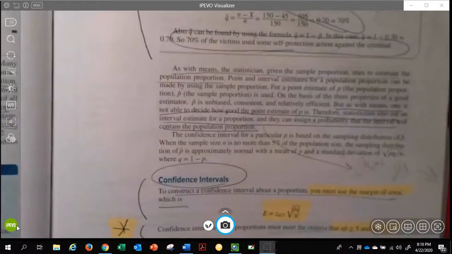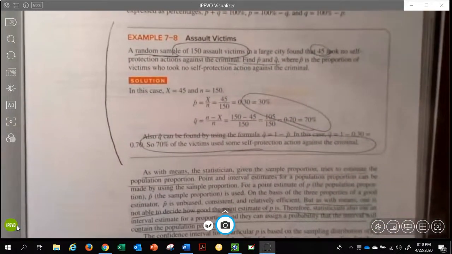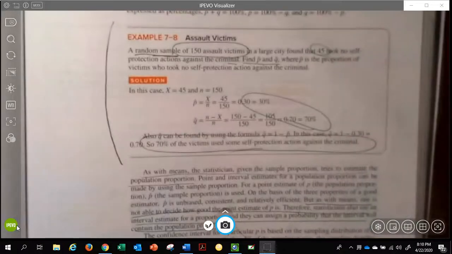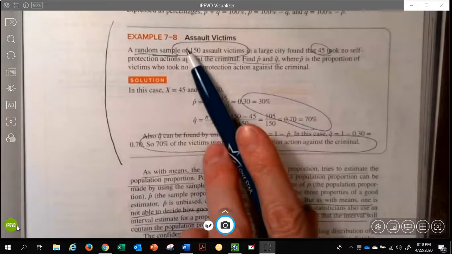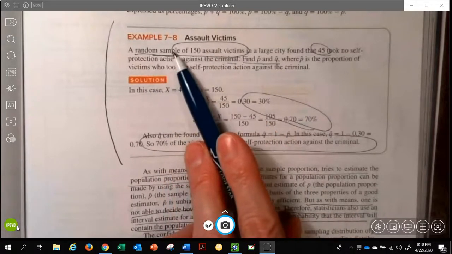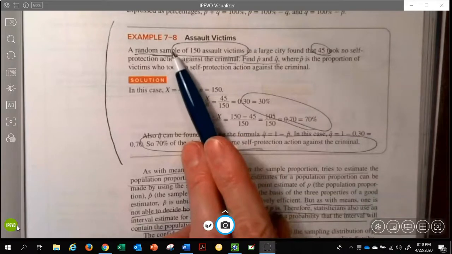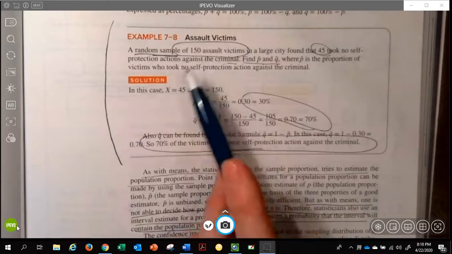And so moving over to an example. I'm at the top of page 383, and I'm going to focus this again. In this example, it's talking about assault victims and says there is a random sample. Ding, ding, ding, we got a sample. And the sample has a total of 150 assault victims.